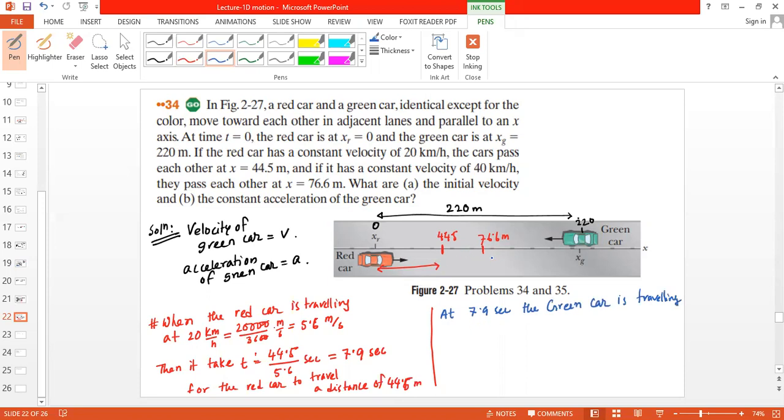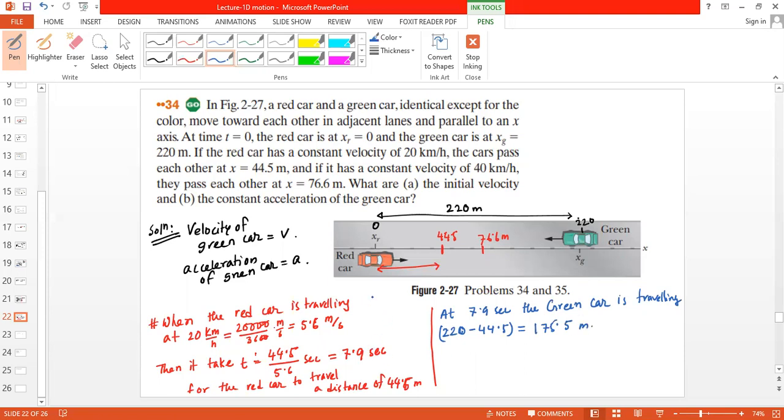How far is the green car traveling? 220 minus 44.5. That is equal to what? 175.5. Is it clear to you guys?